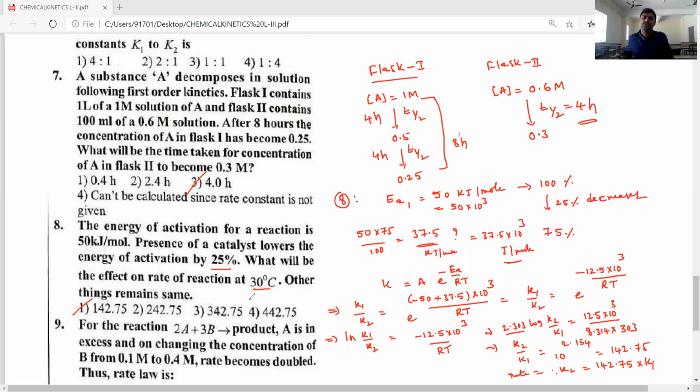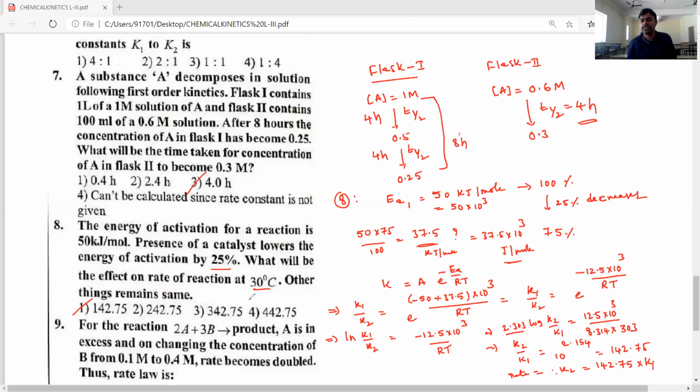We know that K is equal to A into e to the power of minus Ea by RT. Then K1 is equal to A into e to the power of minus 50 into 10 to the power of 3 by RT. In the same way, K2 is equal to A into e to the power of minus 37.5 into 10 to the power of 3 by RT.